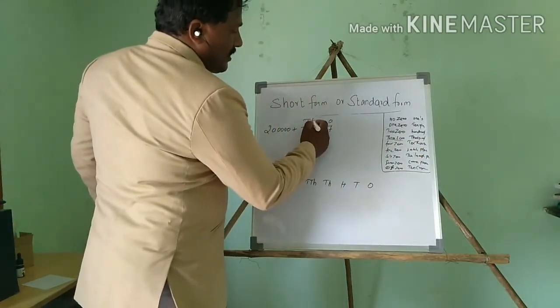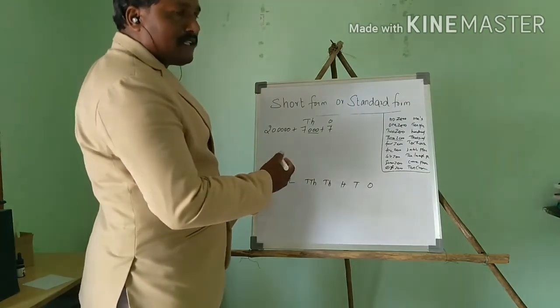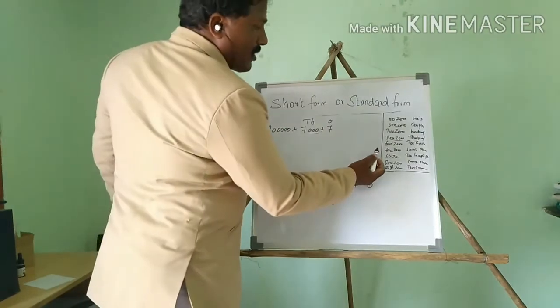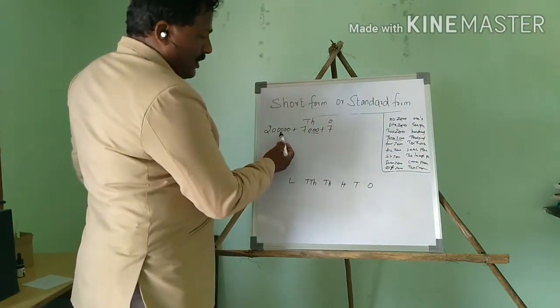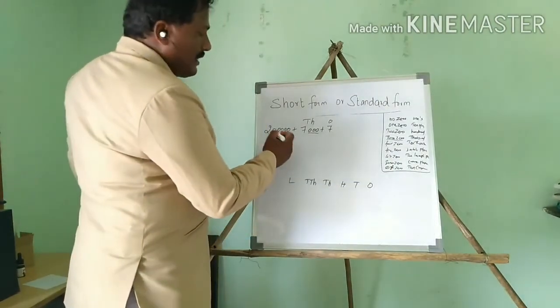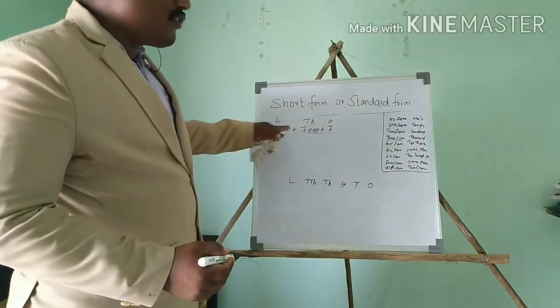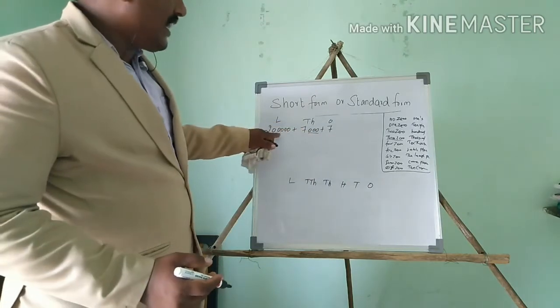Then after 1000, as per the place chart, comes 10,000. But 10,000 means how many zeros? 4 zeros are required. But here there are 5 zeros. So if it is 50, what's the place value of this number? Lakh place. So I found the place values of the given number: it's a ones place, a 1000 place, a lakh place.